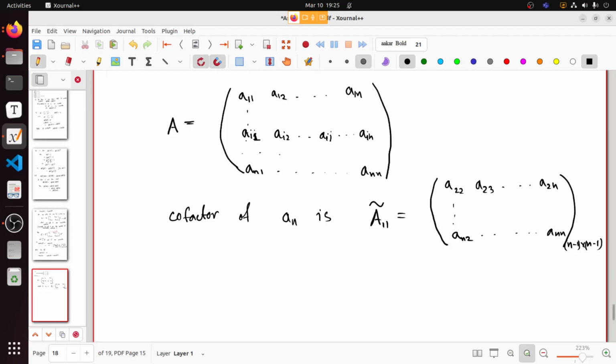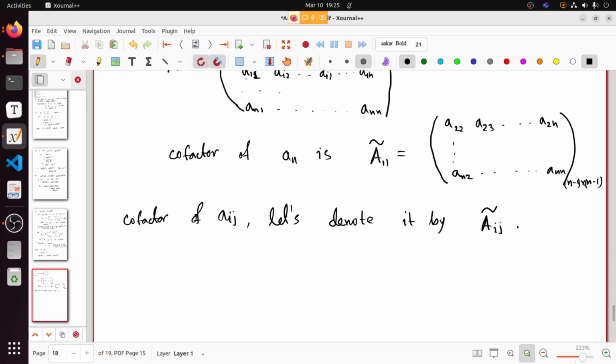Like this, for a general element A_ij, the cofactor of A_ij we denote by A_ij tilde, right?